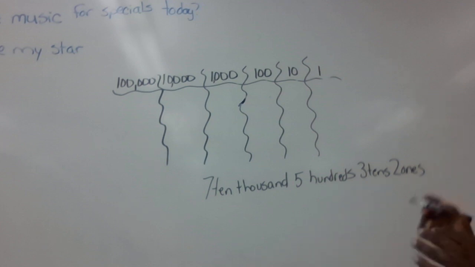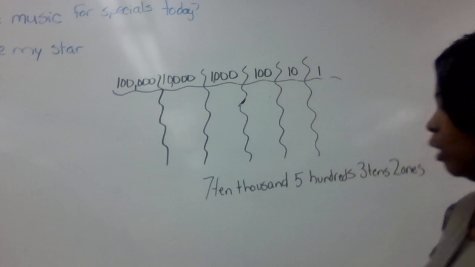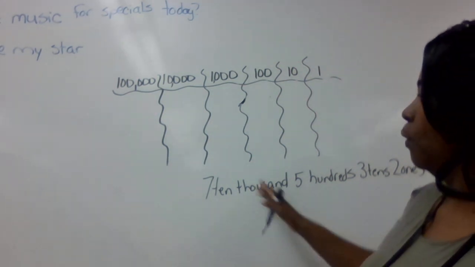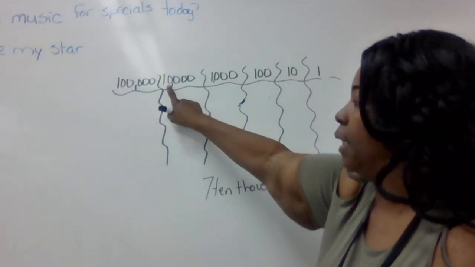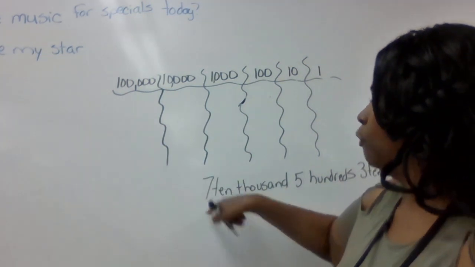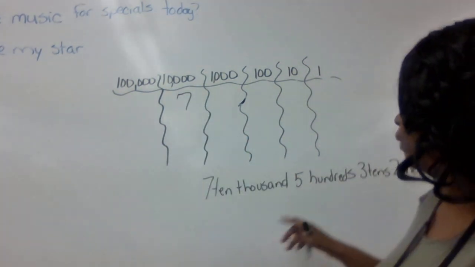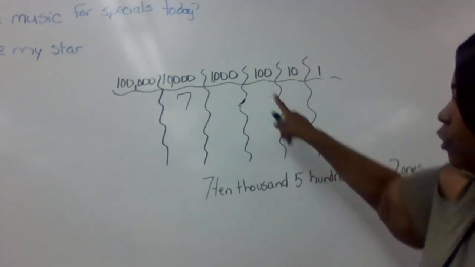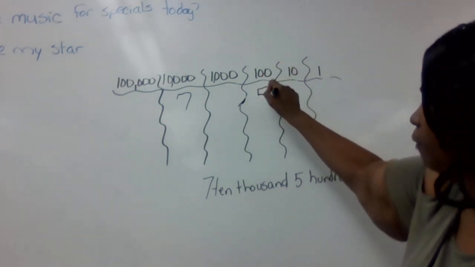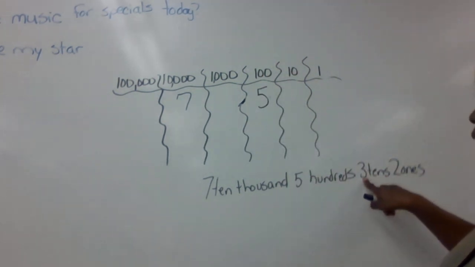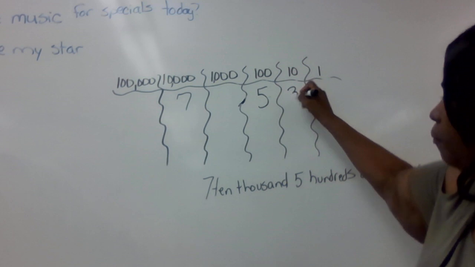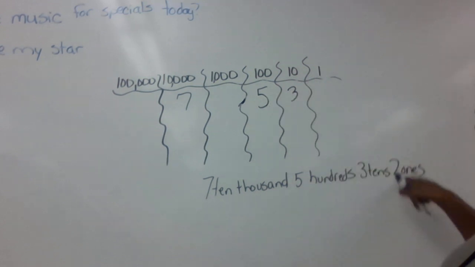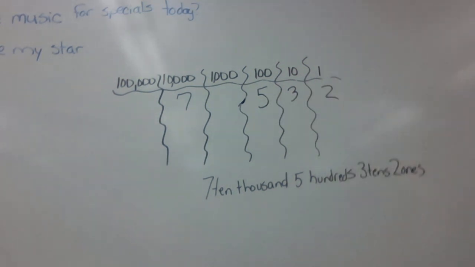And I'm always going to place them on the place value chart. Okay? So I have 7 ten thousands. So in the ten thousands place, I'm going to put a 7. In the hundreds place, I'm going to put a 5. In the tens place, I'm going to put a 3. And in the ones place, I'm going to put a 2.